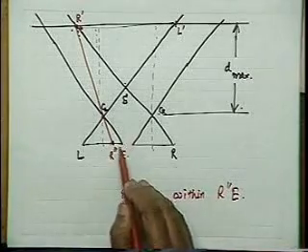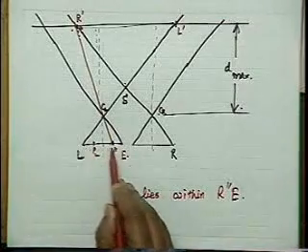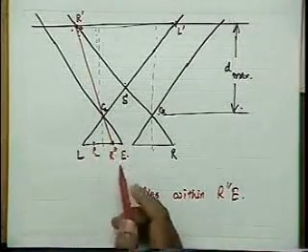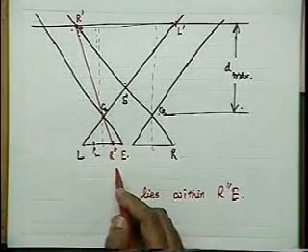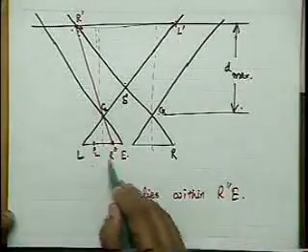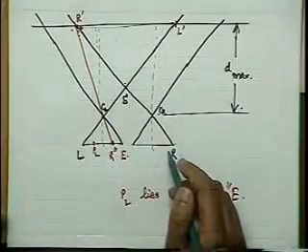Now, if the point PL lies within L and R double prime, are you sure that this will be visible to both the cameras? Why not? Yes, somebody has told correctly that if I have the point PL between L and R double prime, there is no certainty that it will be visible to the right camera also.